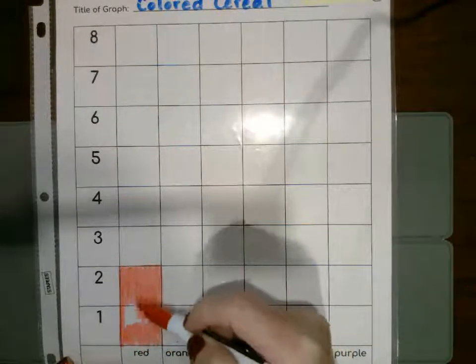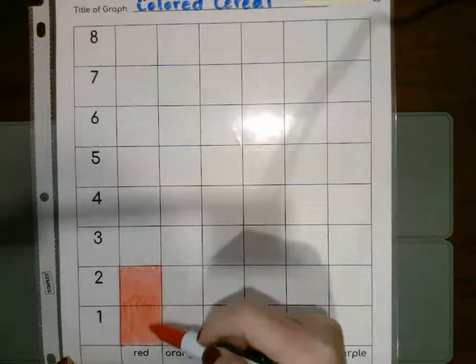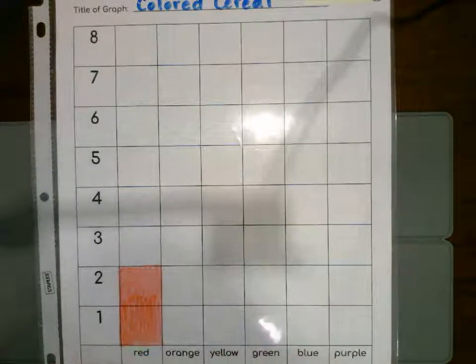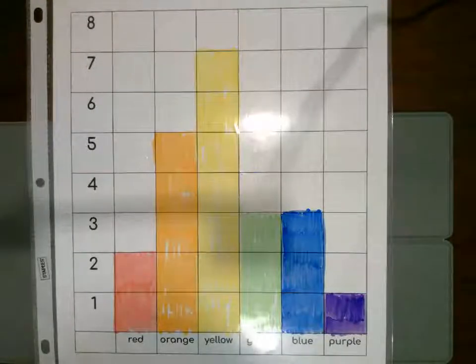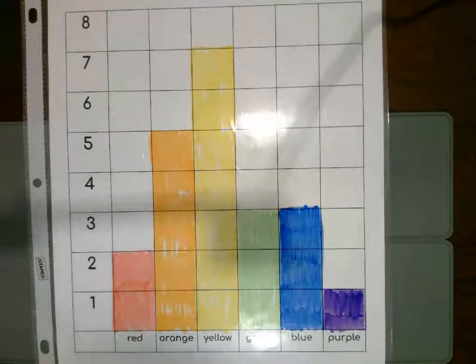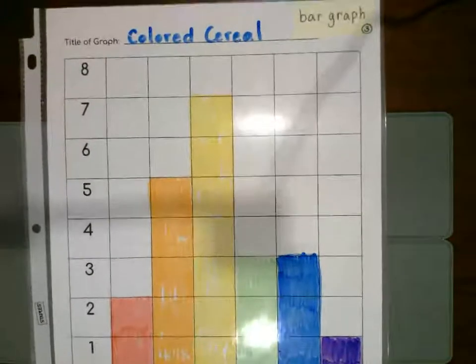And so that bar represents the 2 pieces of red cereal that I have. So I went ahead and filled in the rest of my bar graph for each color of cereal that I have. And there's what the final bar graph looks like.